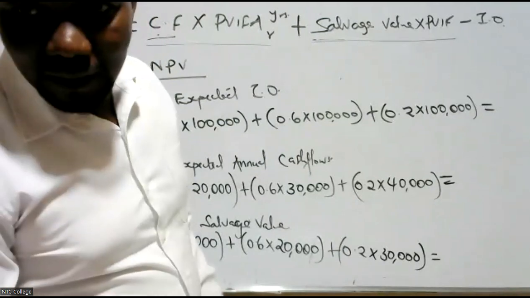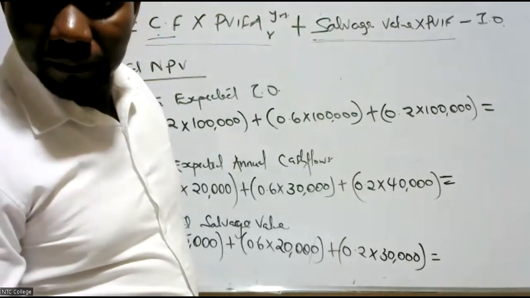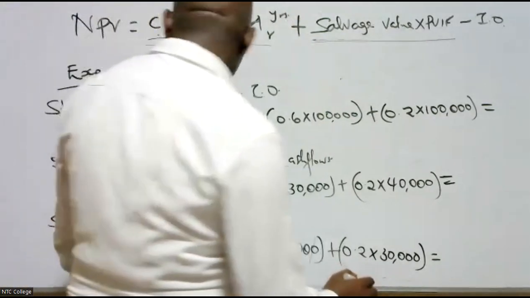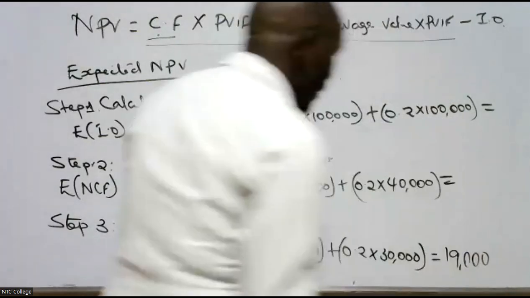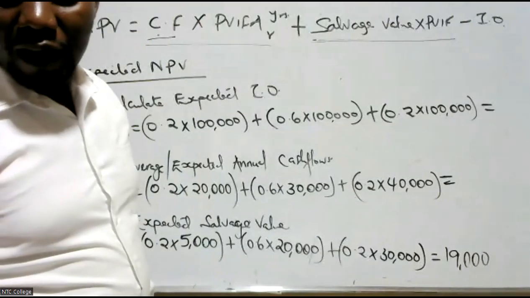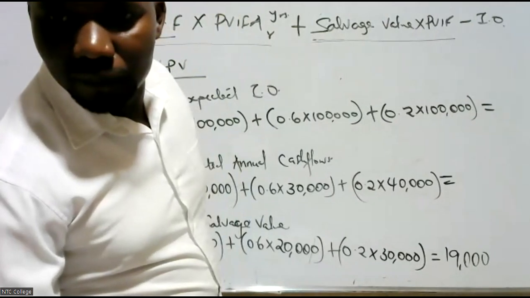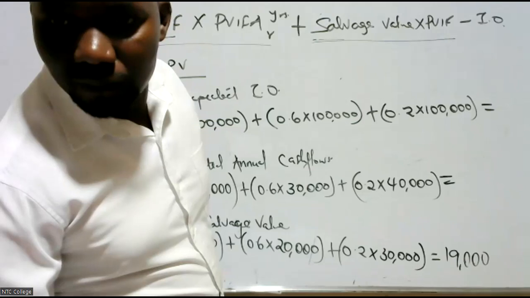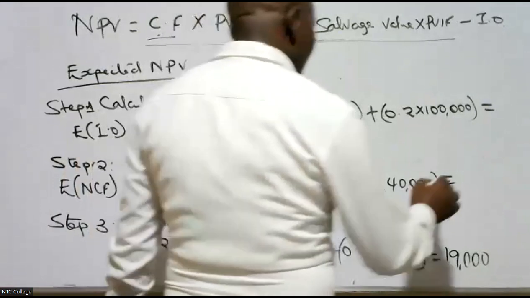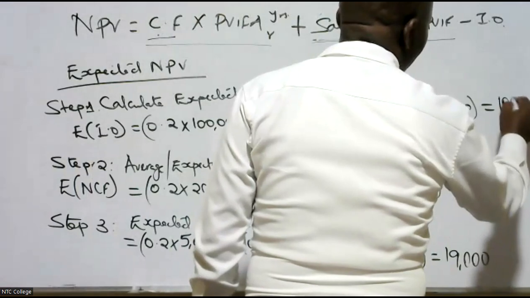So the salvage value is 19,000. Then we have 30,000 here, and then 100,000.